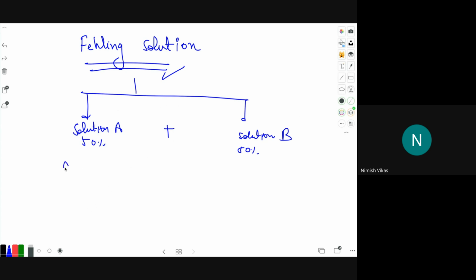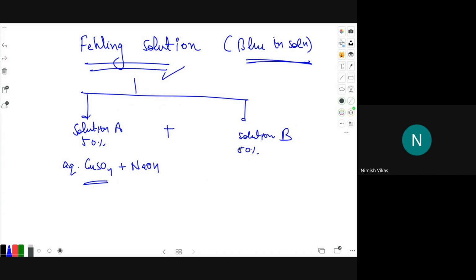Solution A is aqueous CuSO4, in the presence of NaOH, in basic medium. The Fehling's solution will be blue in color because aqueous CuSO4 is blue in color.